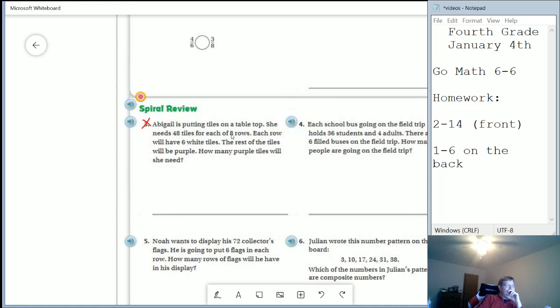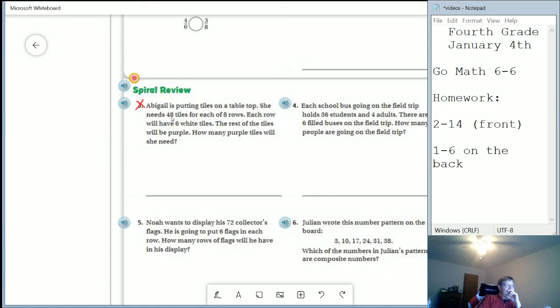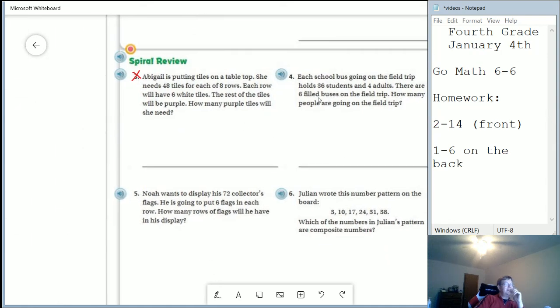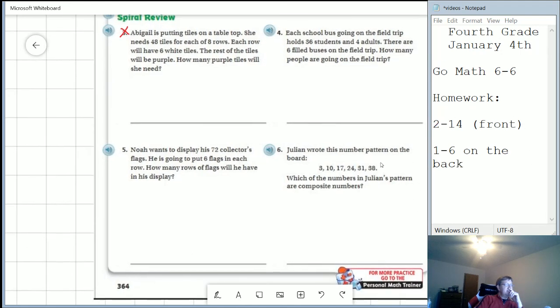Yeah, we're doing 48 tiles in each row. So what you would end up having to do is do like 42 times 8, which is kind of silly. And if you think that this is the number of tiles we're using total, then that gets a little bit messy. Number 4, we're doing 36 students and 4 adults, and there are 6 buses, so you can do that one relatively easily.